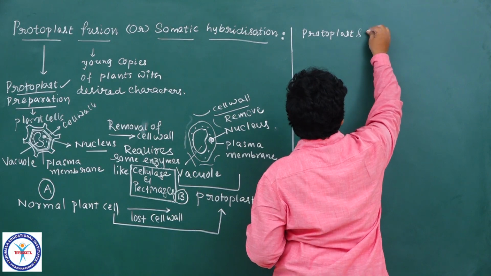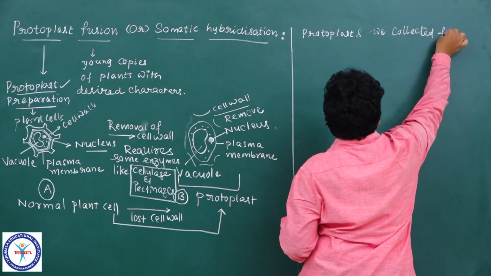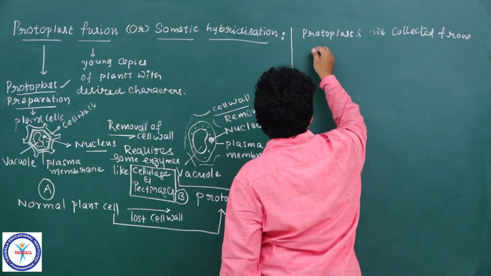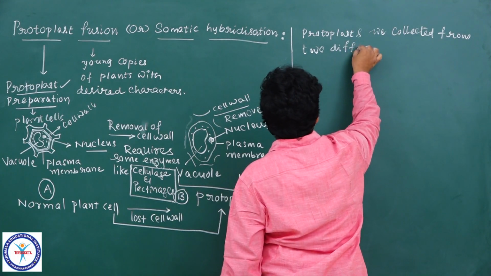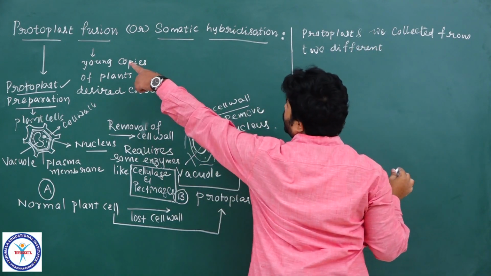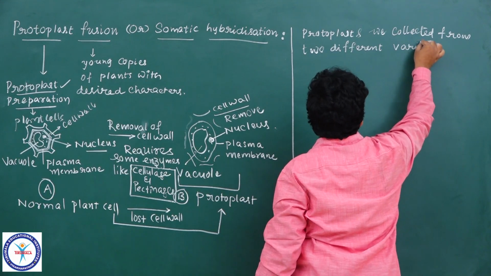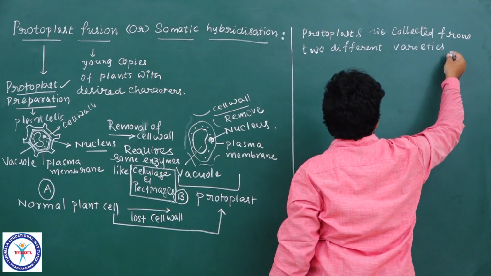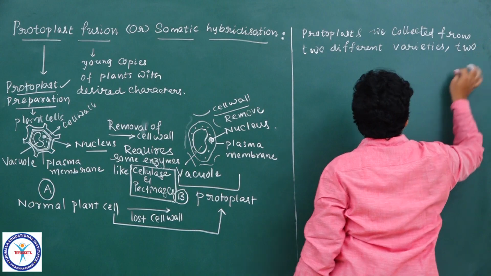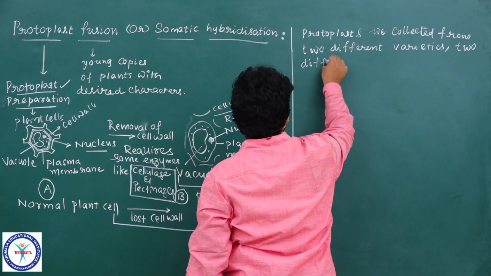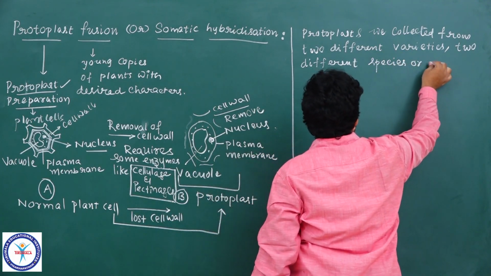These protoplasts we collect from two different varieties of plant cells, or two different species, or two different genera.